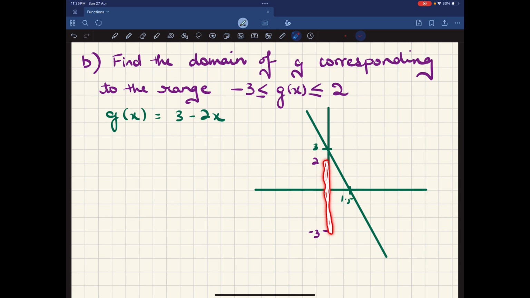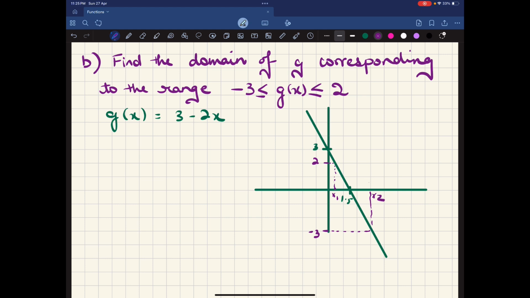So what are we going to do? We're going to substitute the function value 2 and find the x value, which we're going to get here. This is going to be x1. Then we're going to substitute -3 as the function value and find the respective x value. It's going to be this value, x2.